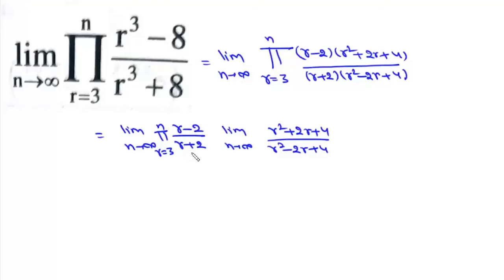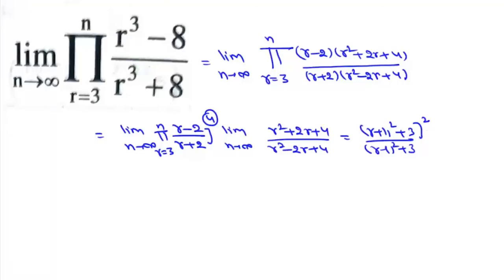Now if we look at this, this is a difference of 4, and for this one we can write this as (r plus 1) whole square plus 3 and (r minus 1) whole square plus 3. So here it's a difference of 2. So terms will cancel after 4, and here terms will cancel after 2.